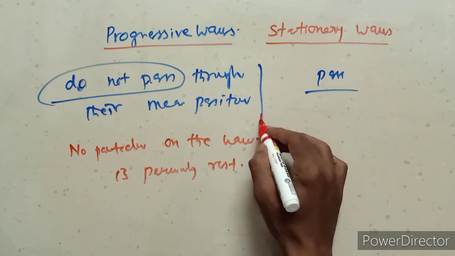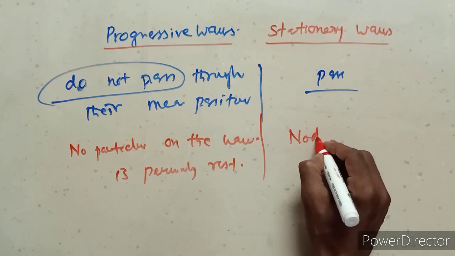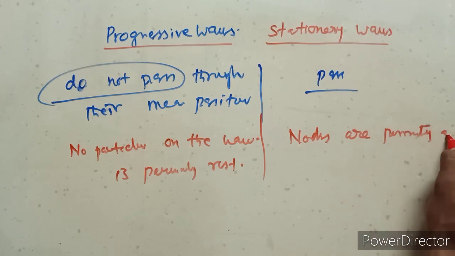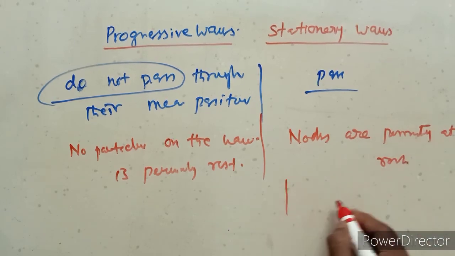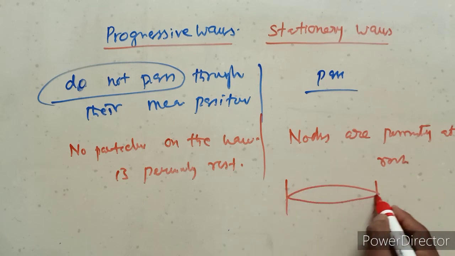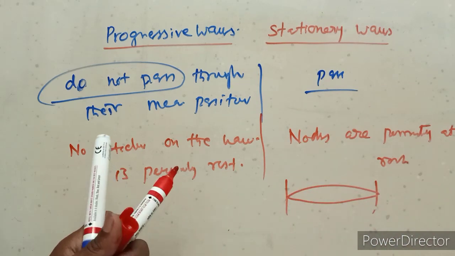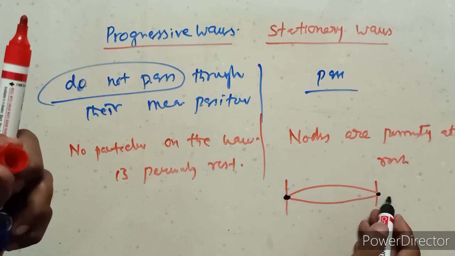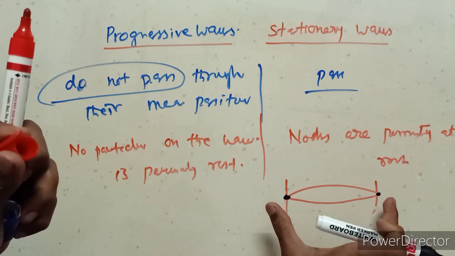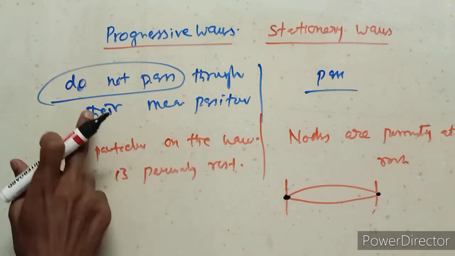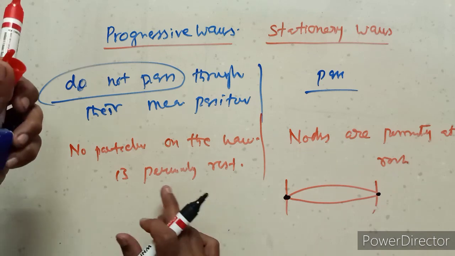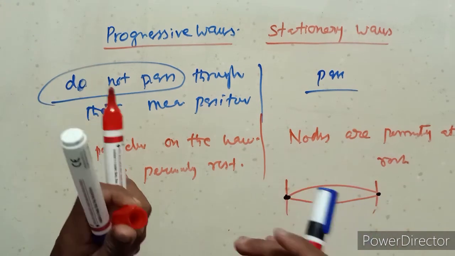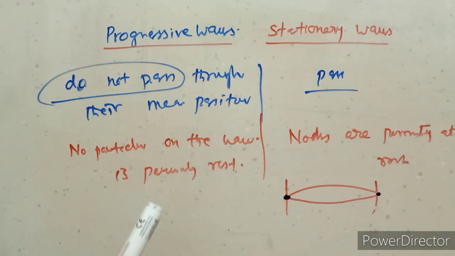In stationary waves, nodes are permanently at rest, because nodes have the minimum amplitude. So these are the differences between progressive waves and stationary waves.